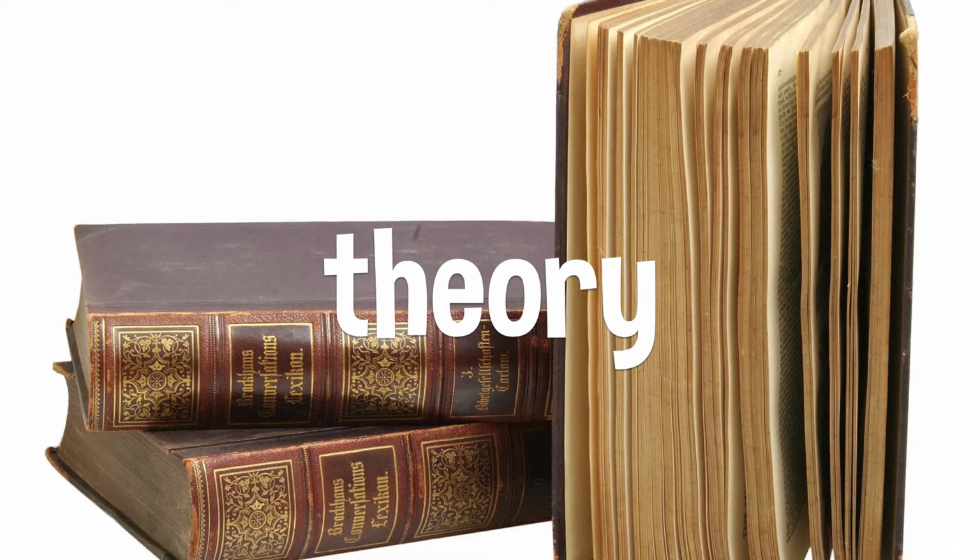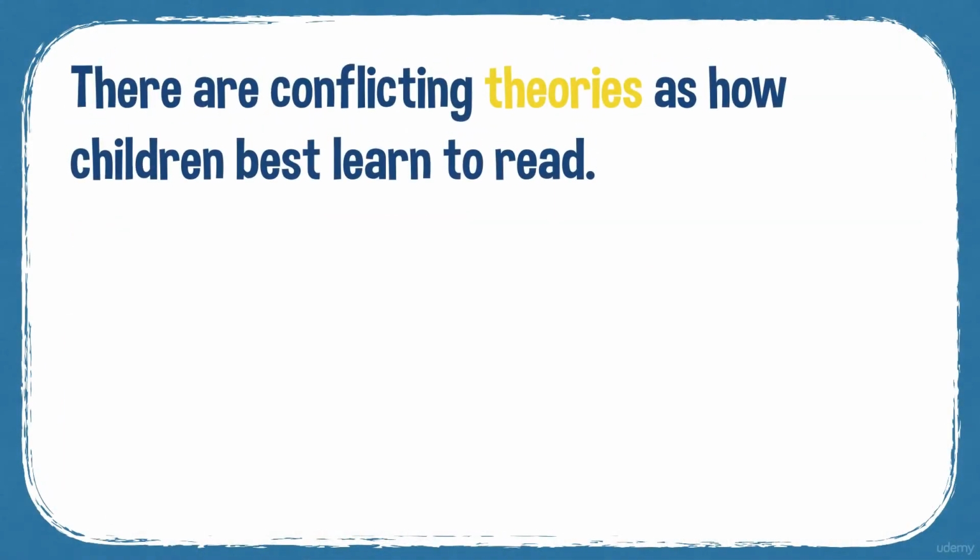But as I said before, sometimes in common everyday use, the word theory is often used just to refer to the ideas themselves, not the facts behind them. So, for example, there are conflicting theories as how children best learn to read. So that's an idea.